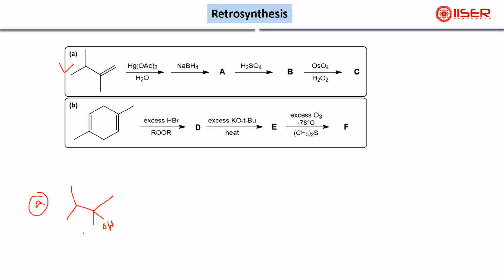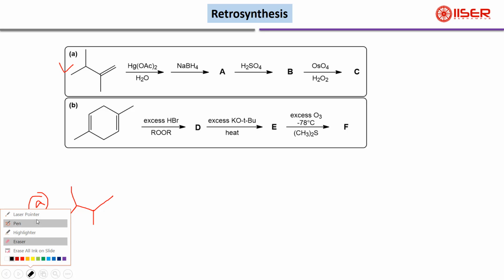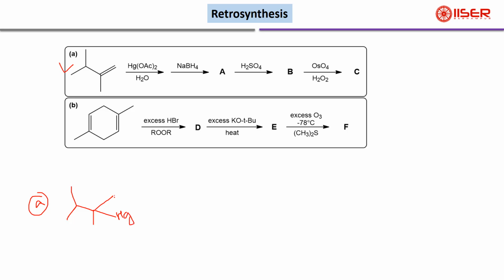First it will form a cyclic carbocation with cyclic mercury cation.